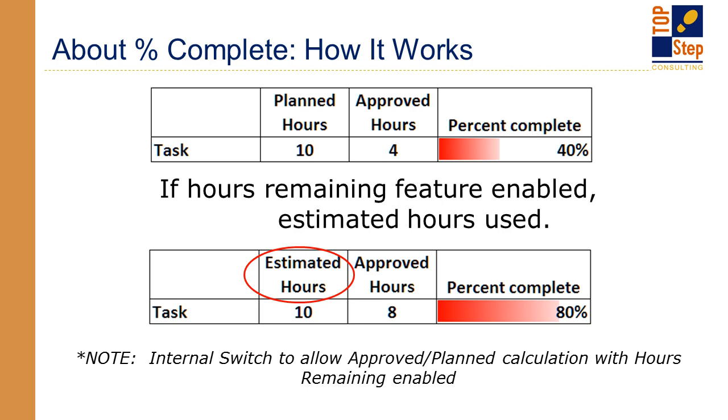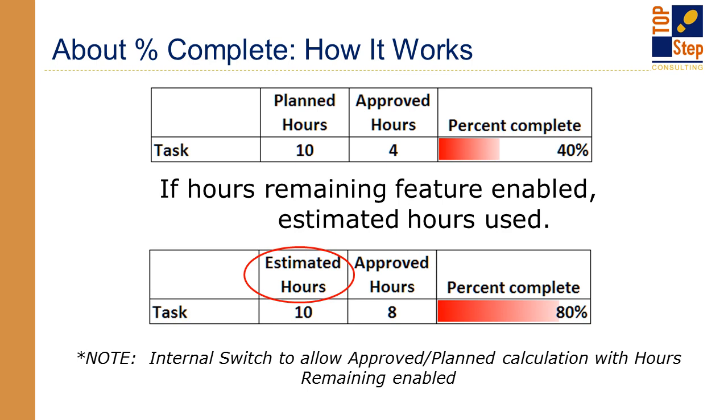While the simplest method might be the approved divided by the planned hours, OpenAir does offer the flexibility to divide this number by estimated hours instead of planned hours. Enabling the hours remaining on tasks estimating feature will allow you to use these hours and have more of a dynamic calculation.